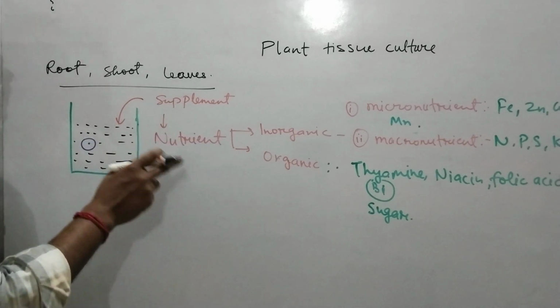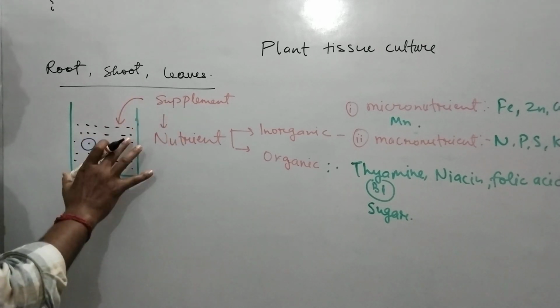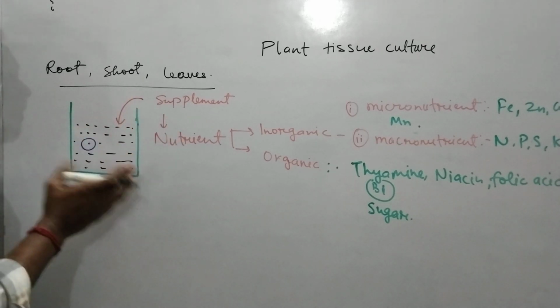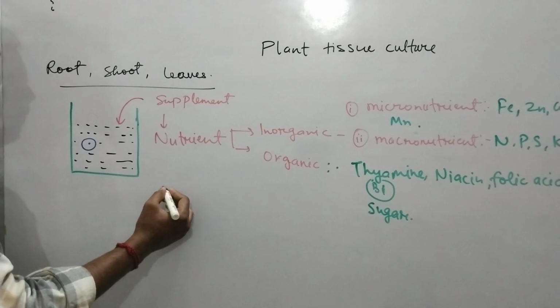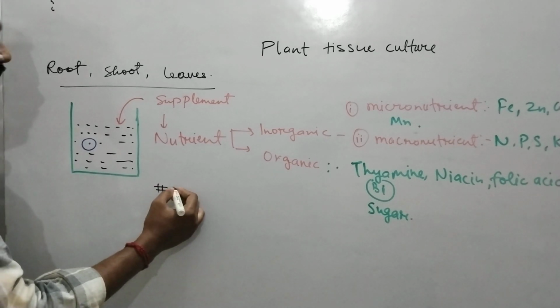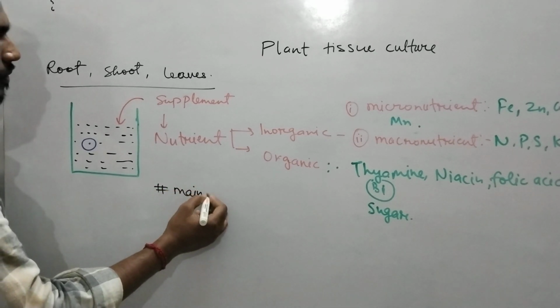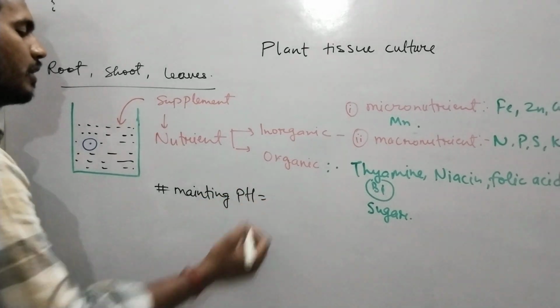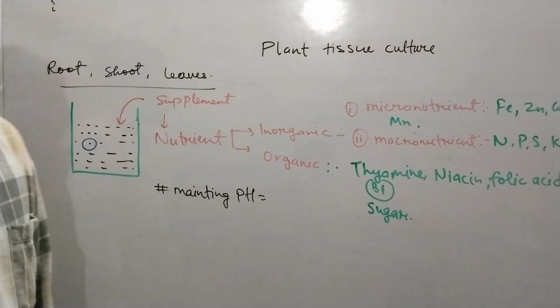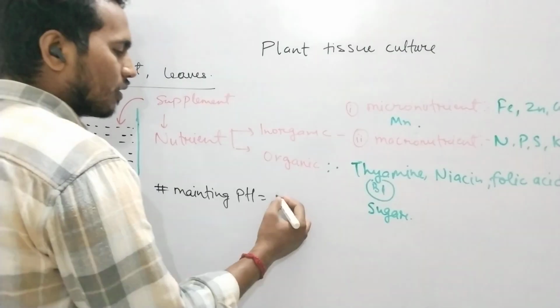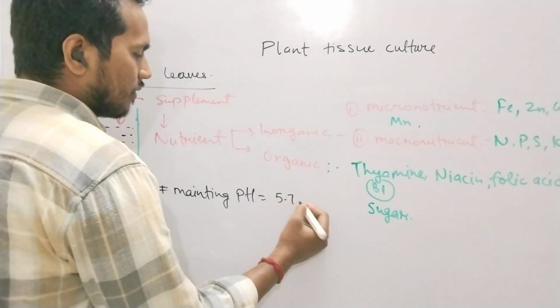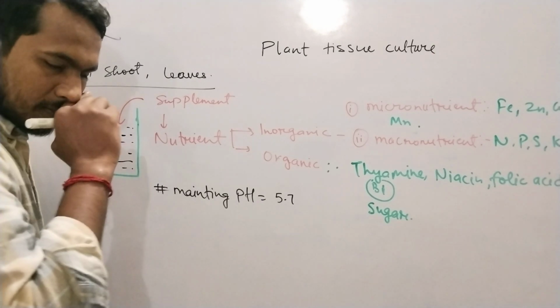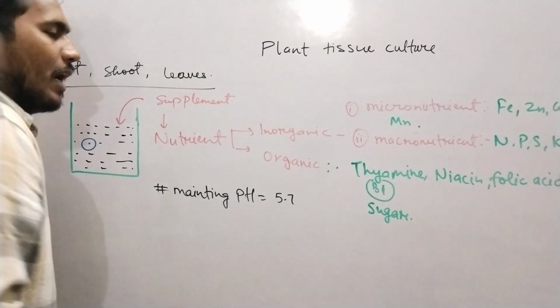So the second thing we will see: we added a supplement, now we have to maintain the pH. How much pH? For most tissue cultures, we have to maintain around 5.7 pH. How does it help?